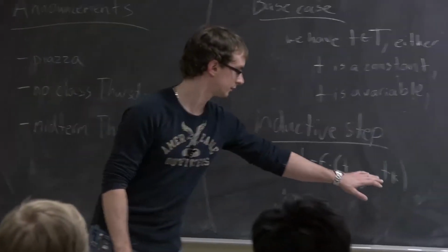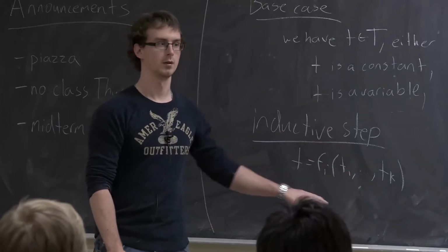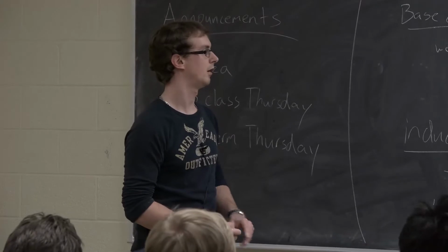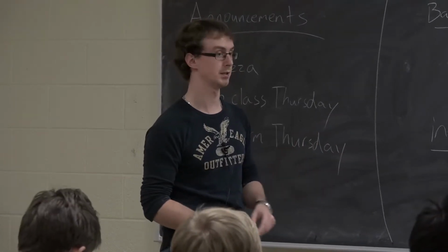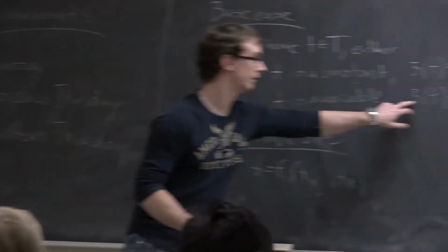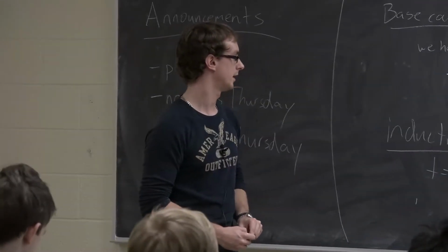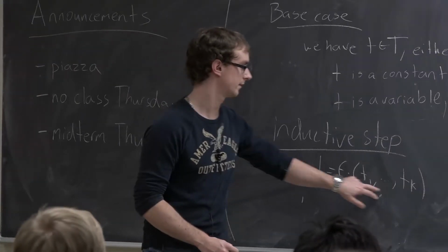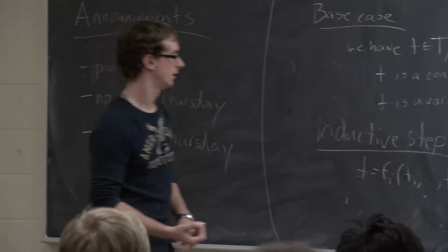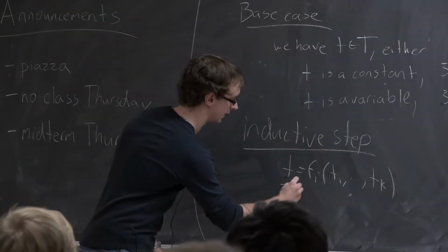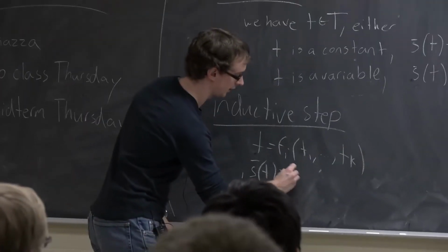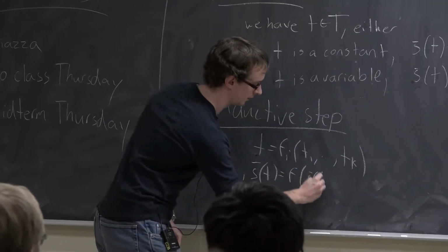We're doing the standard structural induction on our inductive definition of what it means to be a term, and all we're doing is saying how to define our S bar in all of these cases. So we know what S bar is for each of these subterms. Now we want to say what S bar is for t. It should be pretty clear that S bar of t is just going to be f applied to S bar of each of the parts.